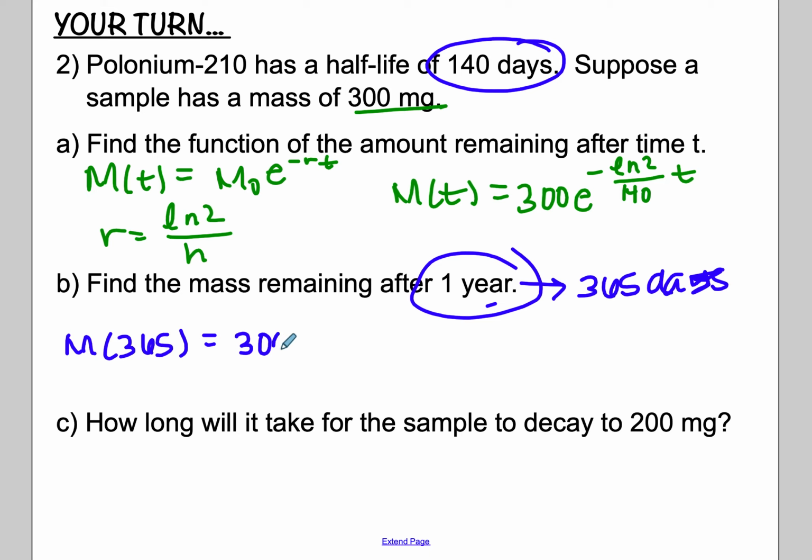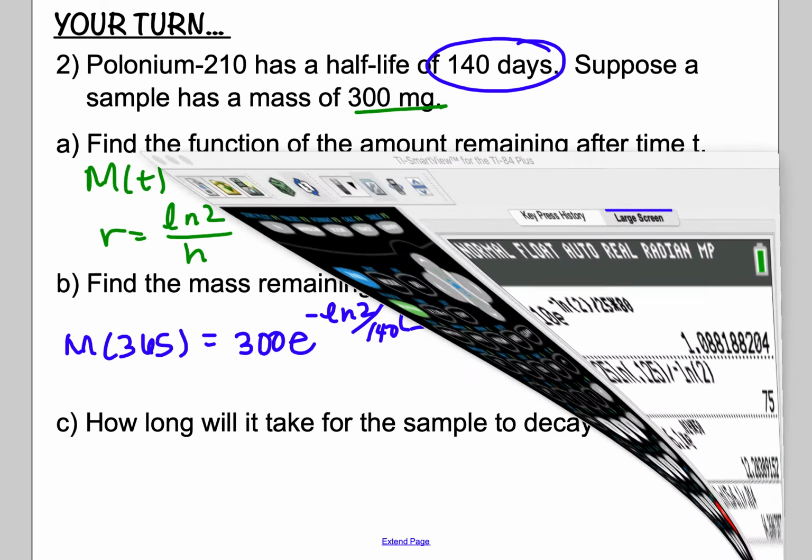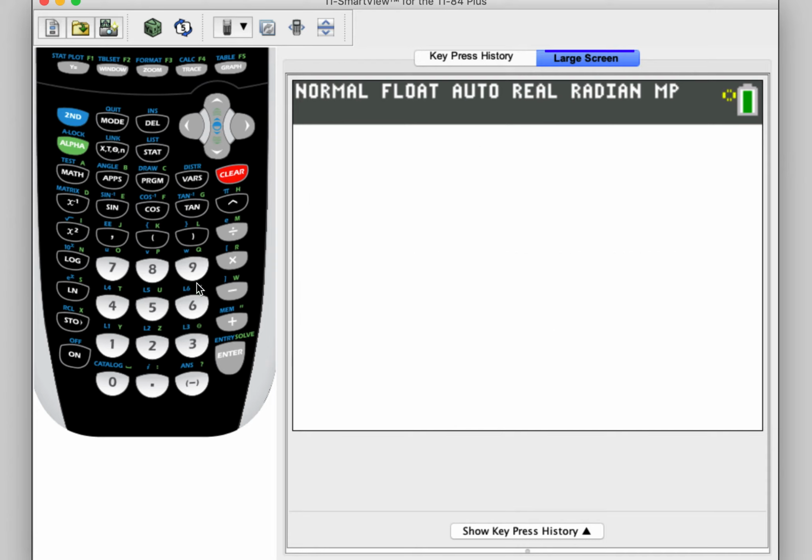in. So I have 300 e to the negative ln of 2 over 140 times 365. So let's type that in. So we have 300 e to the negative ln of 2 divided by 140, and then you take that times our number of days, 365.